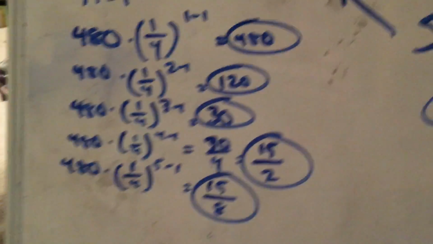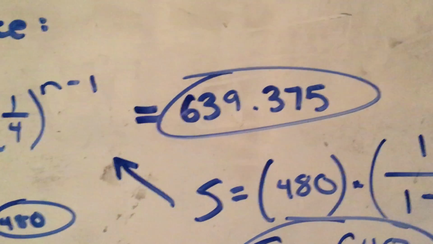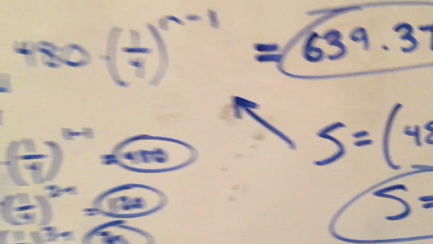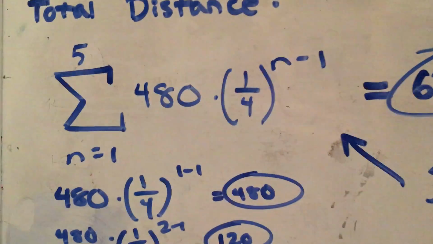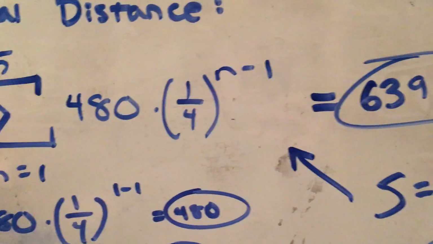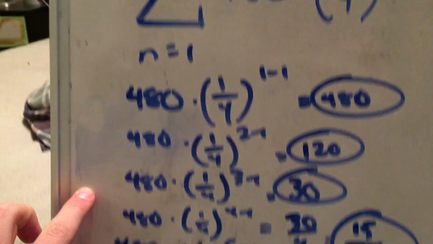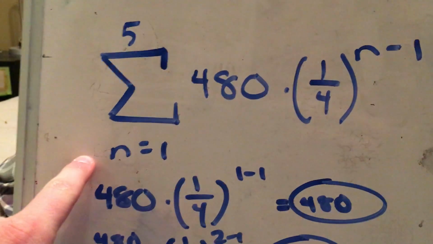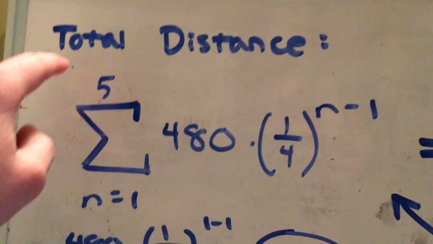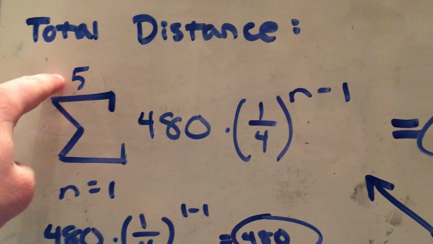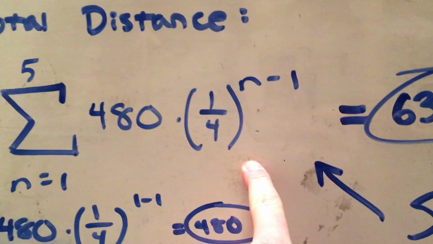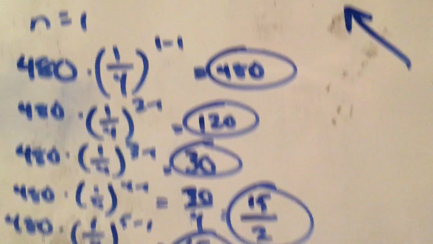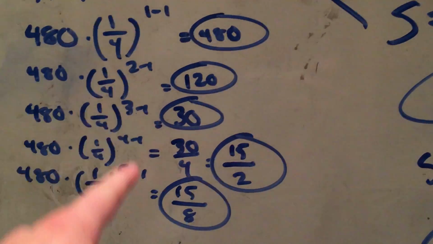When we do that, we get 639.375. So when we use sigma notation, we can see that all of this can be simplified into this simple notation, where we have our starting term, what term we go to, and our actual geometric sequence itself, which gives us the different values in the sequence.